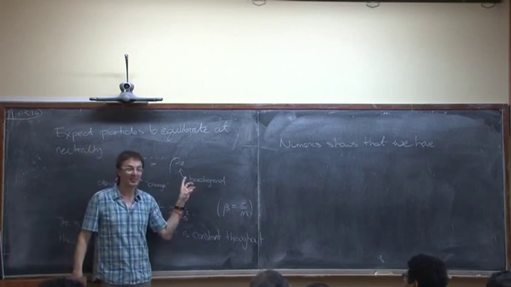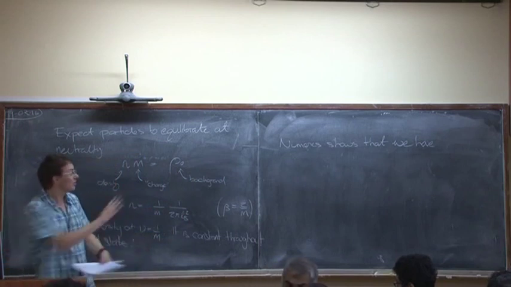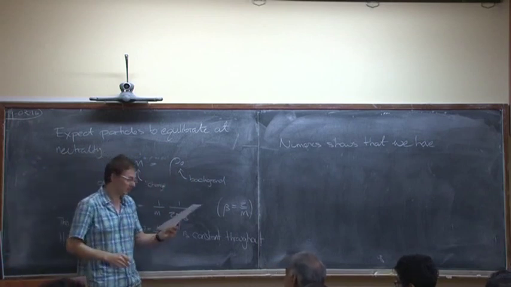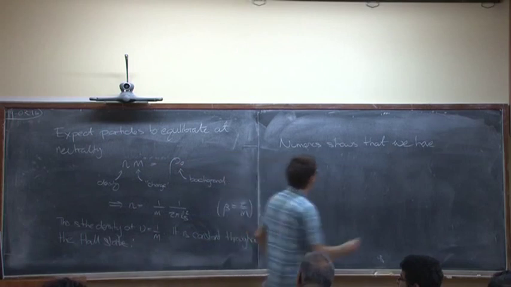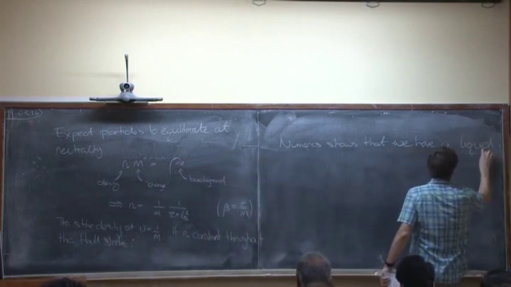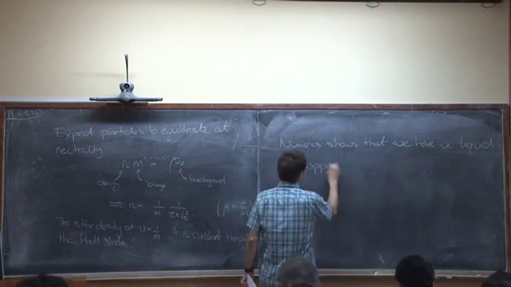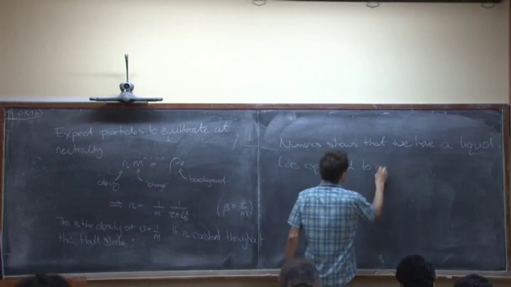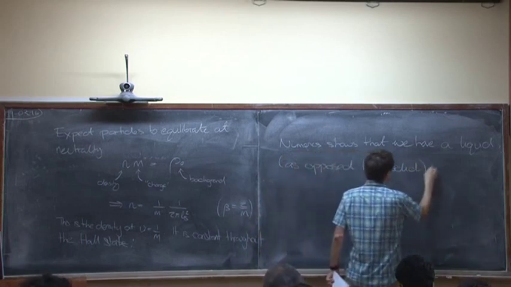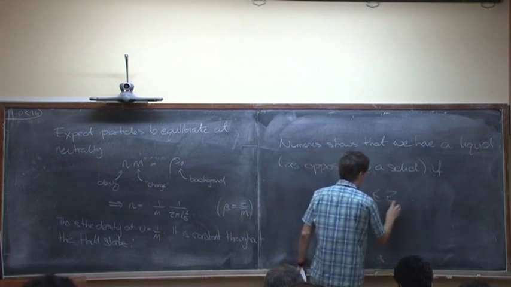Yeah, but it could turn out that the Laughlin wave function itself for some M is a crystal. Exactly. Right. So let me just tell you the answer, and then we can come back and discuss this. So the answer is the following. The numerics show that we have a liquid as opposed to a solid, if M is less than around 70.